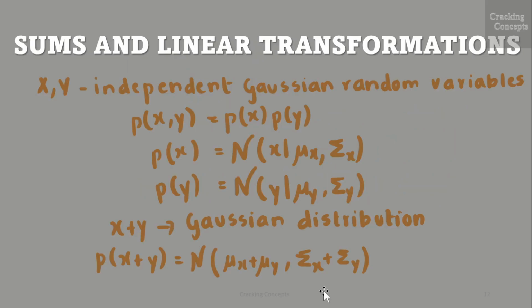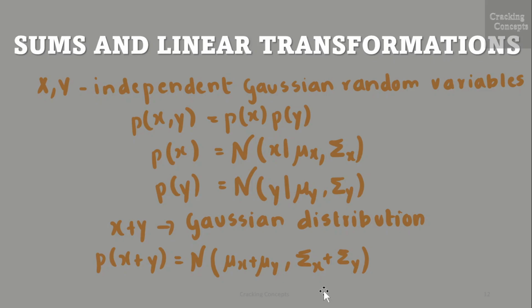Now we look into sums and linear transformations. If x, y are independent Gaussian random variables, that is the joint distribution is given by p of x comma y, which is p of x into p of y, with p of x as a normal distribution where mean is x given mu x, variance is sigma x, and P of y being a normal distribution where mean is y given mu y and variance is sigma y, then x plus y is also Gaussian distributed and is given by P of x plus y, which is a normal distribution with mean mu x plus mu y and variance sigma x plus sigma y, which is just adding the corresponding means and the variances of x and y.